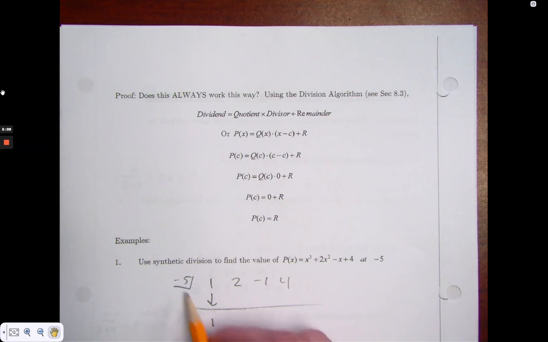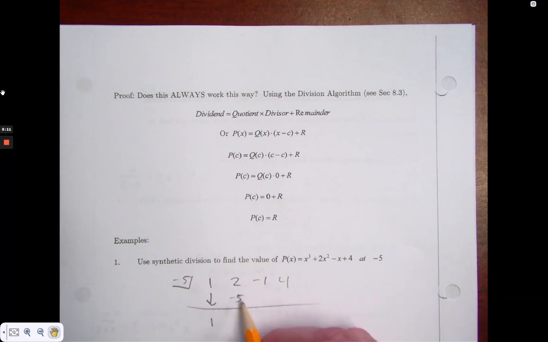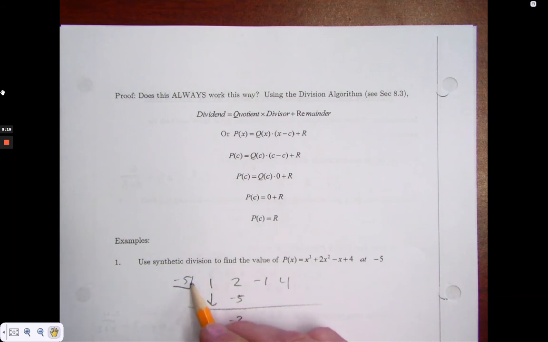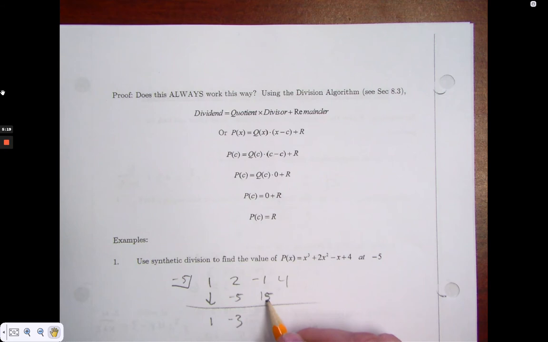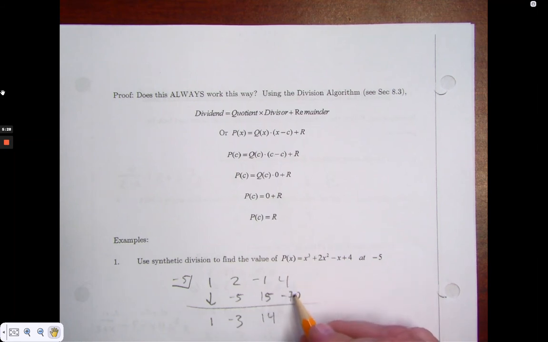Bring down our 1. -5 times 1 is -5. 2 and -5 is -3. -5 times -3 is a positive 15. -1 and a positive 15 is a positive 14. Times -5 is -70. 4 and -70 gives us -66.